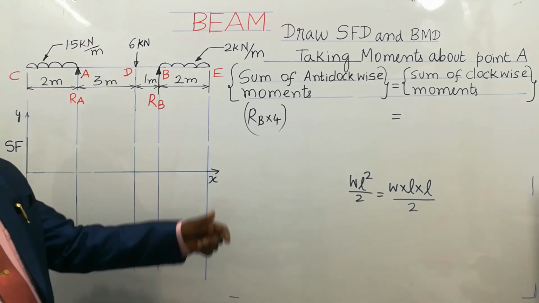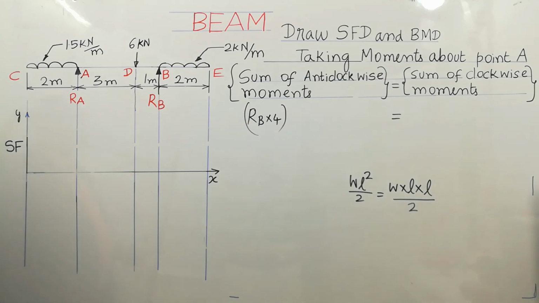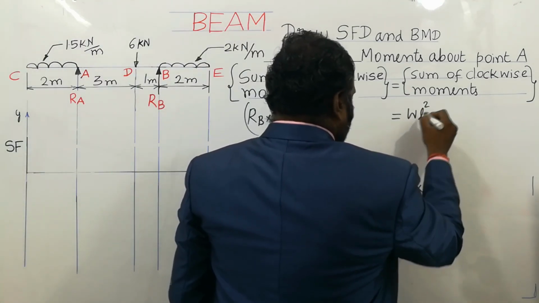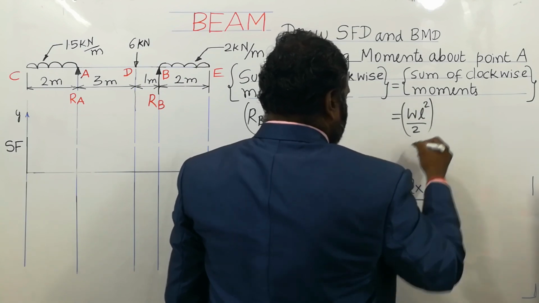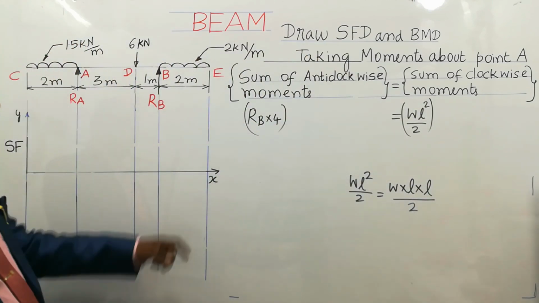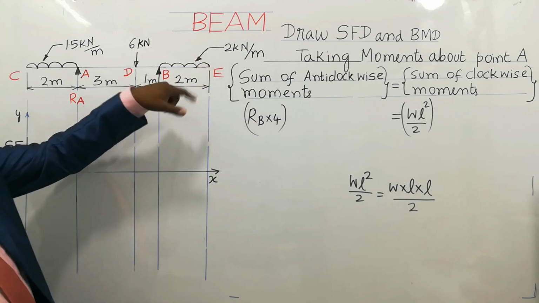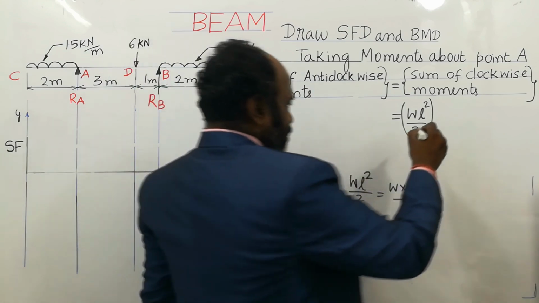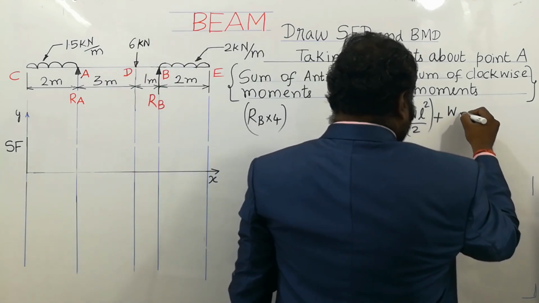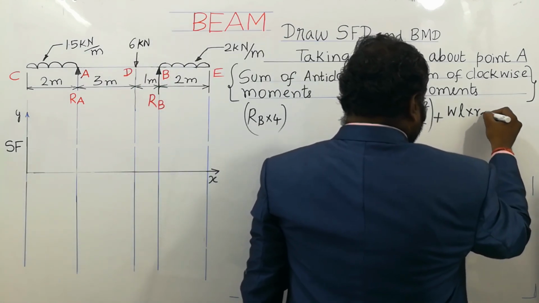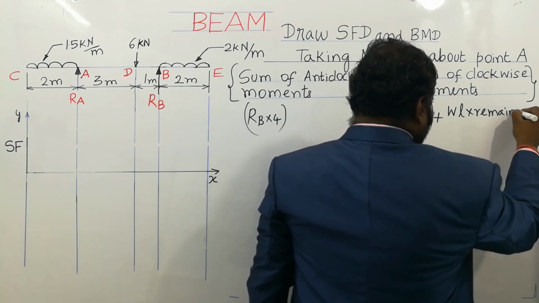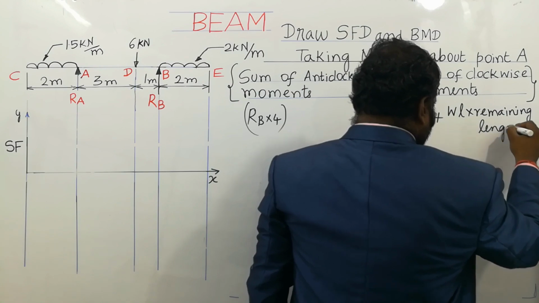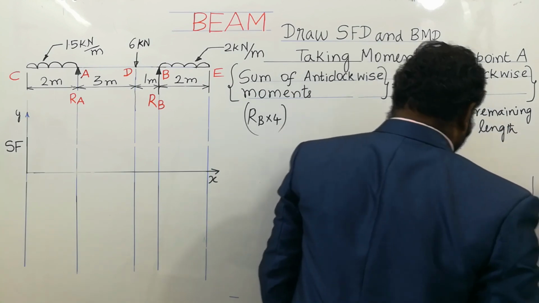In the formula I use for the UDL value, that is the direct effect of this UDL of 2 kN per meter, plus the indirect effect of this UDL, the formula for which is WL into the remaining length.